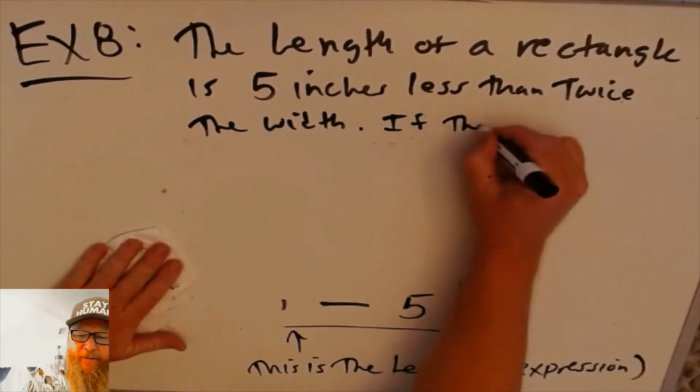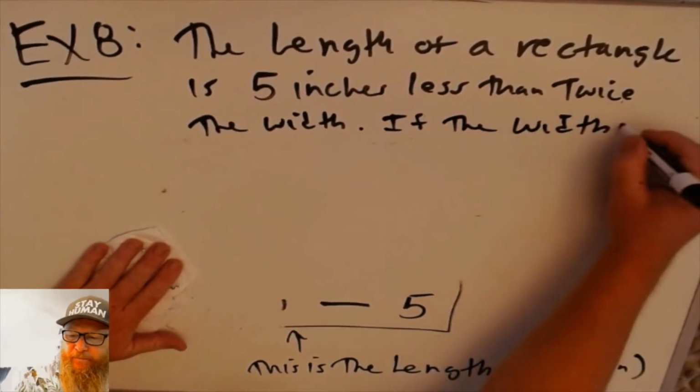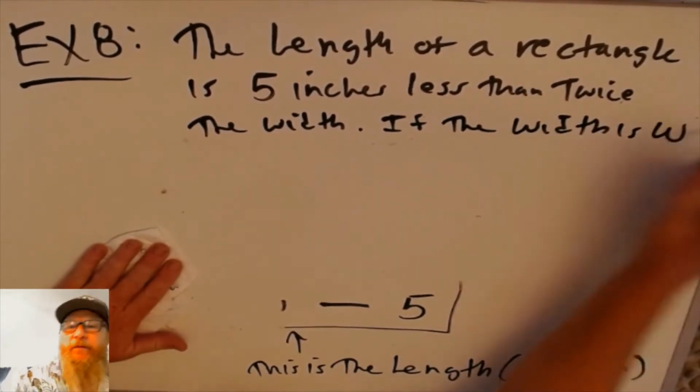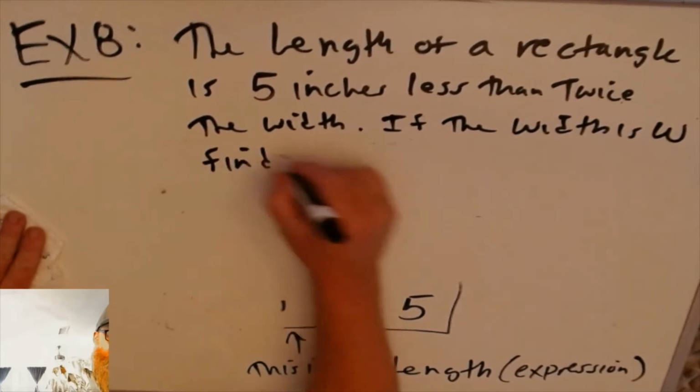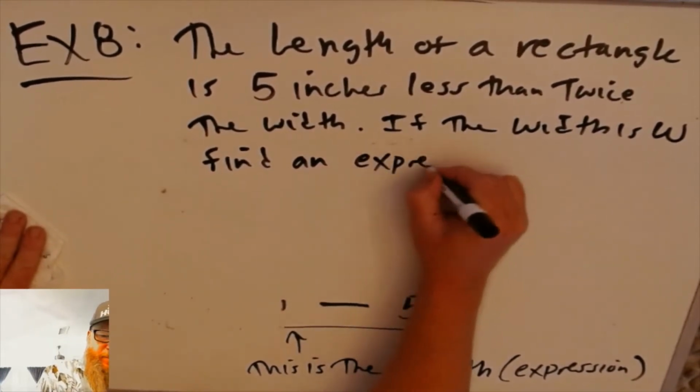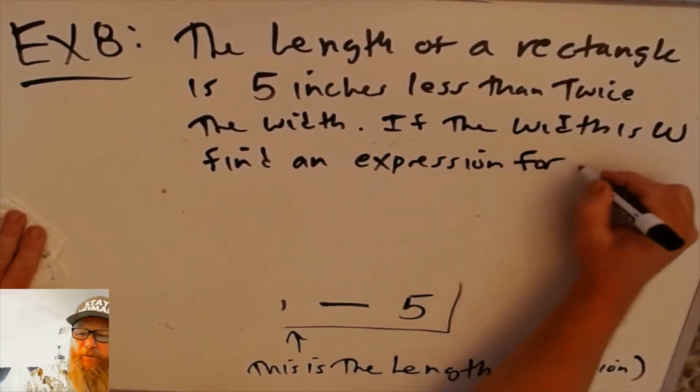If the width is W, find an expression for the perimeter.